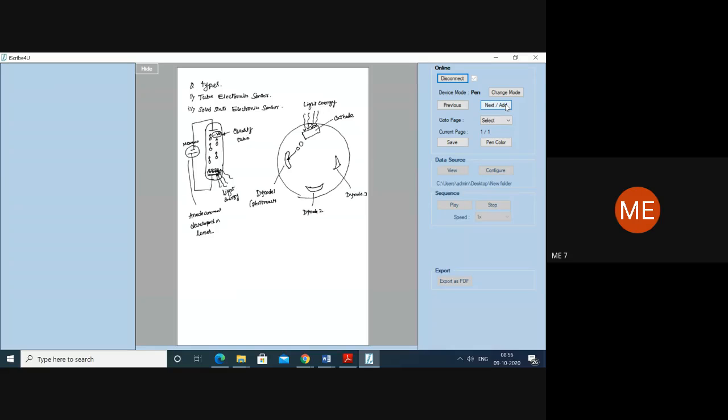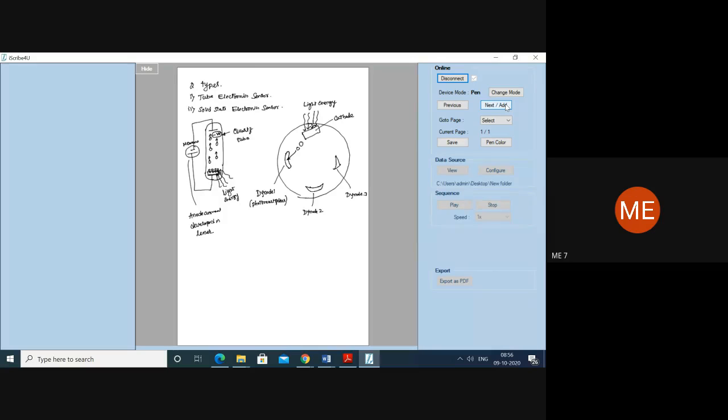This is very, very important. Due to the presence of the dynodes, the multiplication of the electrons is going to occur, and this will be a continuous process.